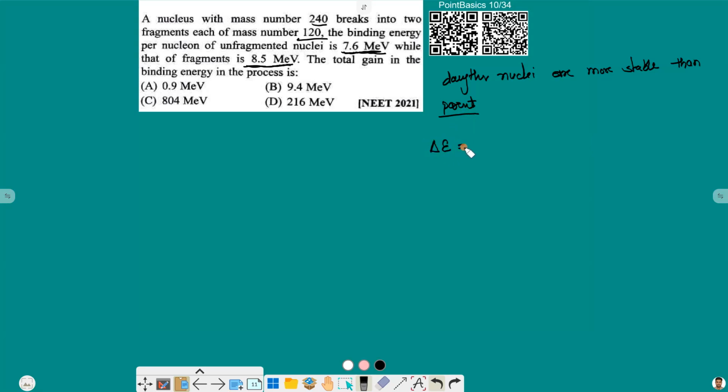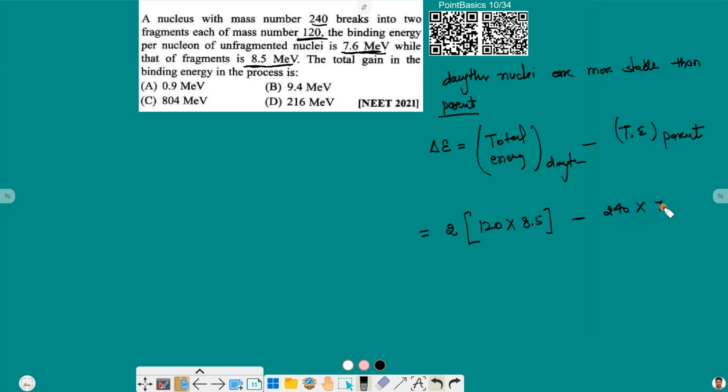That delta E, that is the gain, will be equal to the total energy of daughter nuclei minus the total energy of the parent nucleus. Now, for the daughter nuclei, we have two fragments, each of 120, so twice 120 into 8.5, that is their binding energy, minus for the parent, 240 multiplied by 7.6.